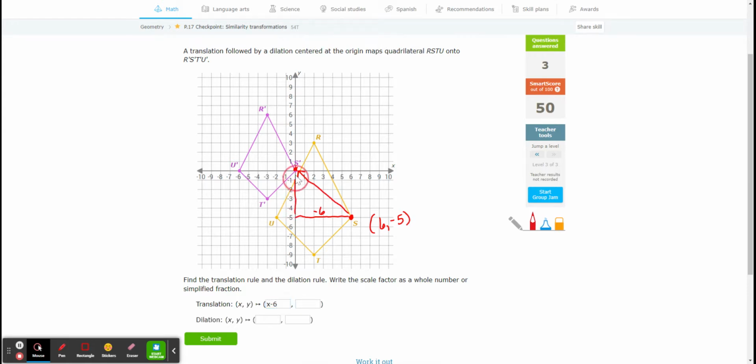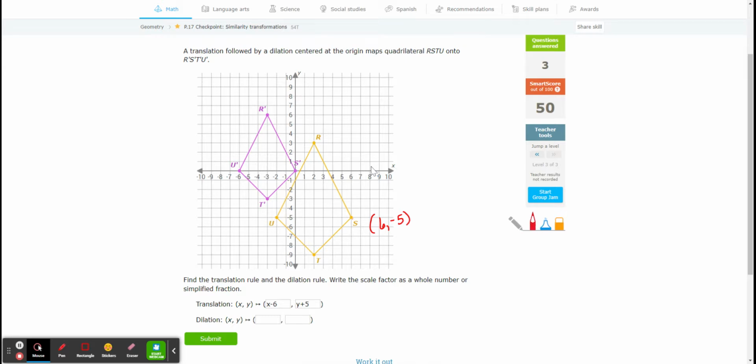And then I went up 1, 2, 3, 4, 5. So y plus 5. That was the original translation. And then, let me erase that so we can still see all of our points.